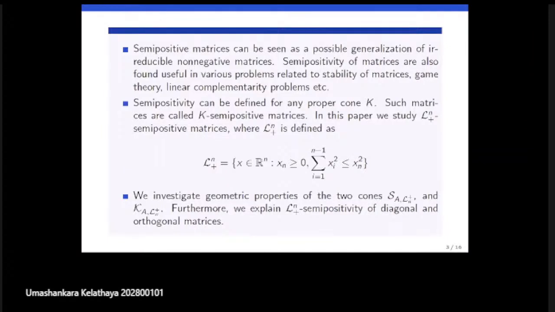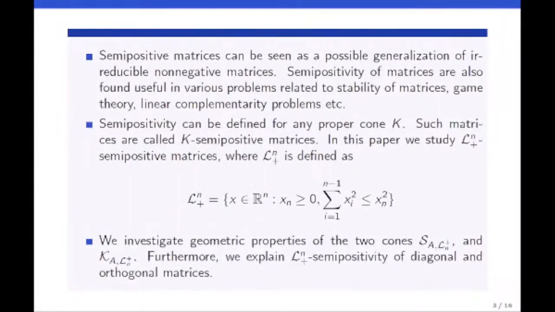In this paper, we are basically interested in Ln plus semi-positive matrices, where Ln plus is known as the Lorentz cone or a second order cone or Einstein cone. Ln plus is defined as the set of vectors x in Rn such that xn is greater than or equal to 0 and the summation of xi square for i equal to 1 to n minus 1 is less than or equal to xn square.